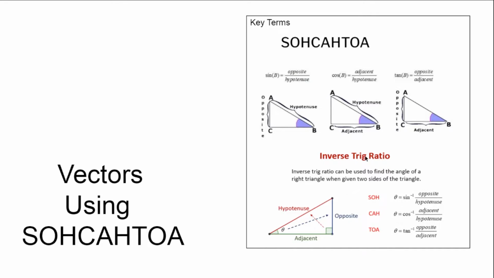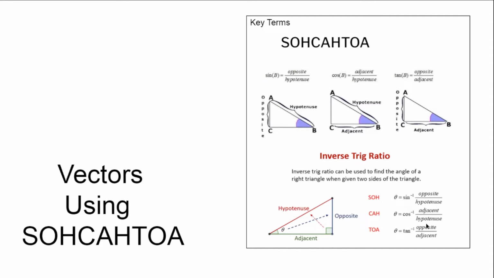So with inverse trig, we're now using these values to find theta. Theta is just another way of saying the angle, I think.